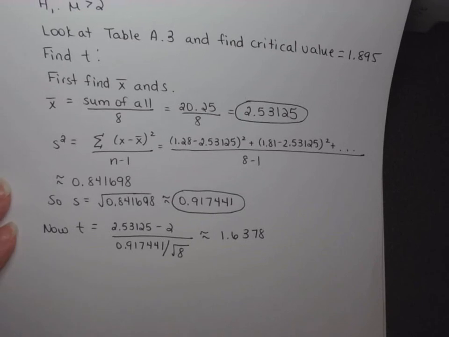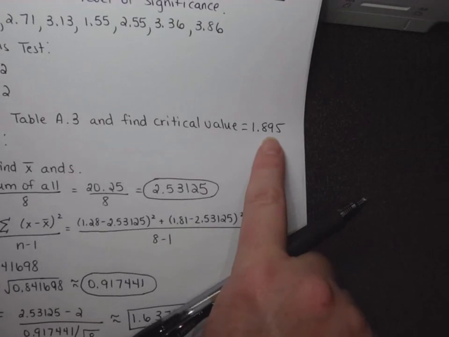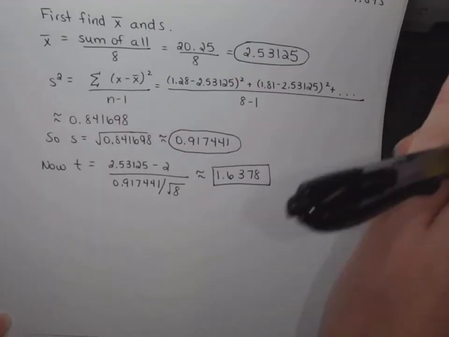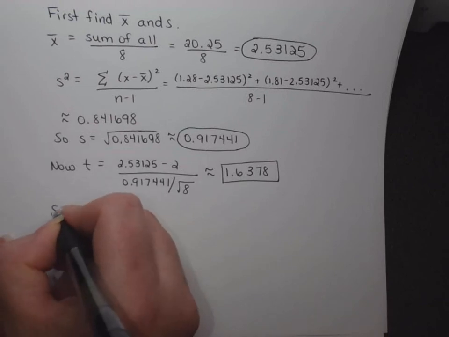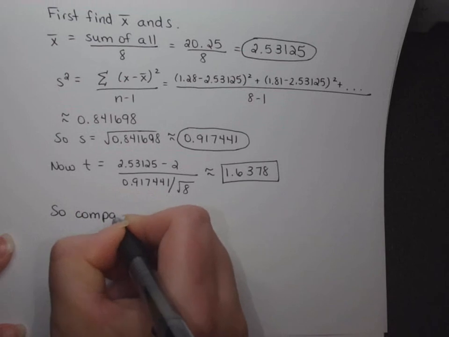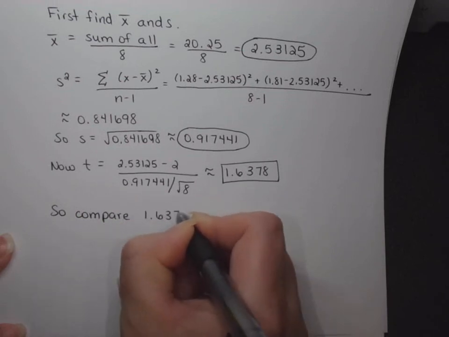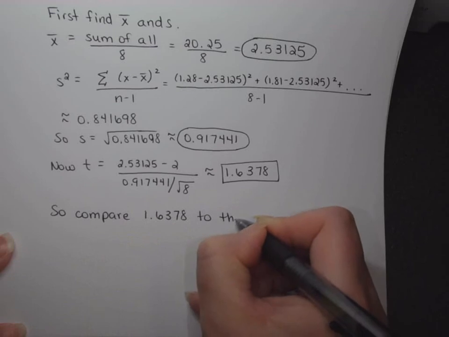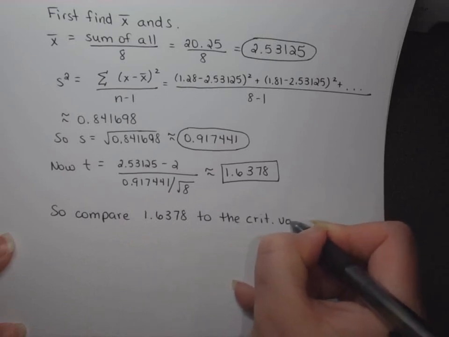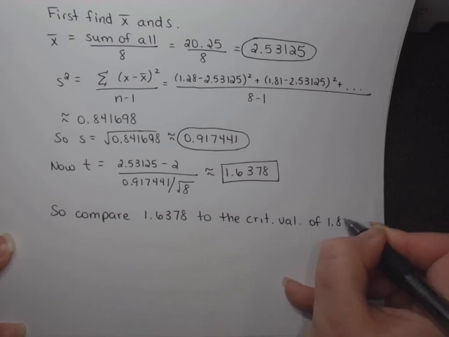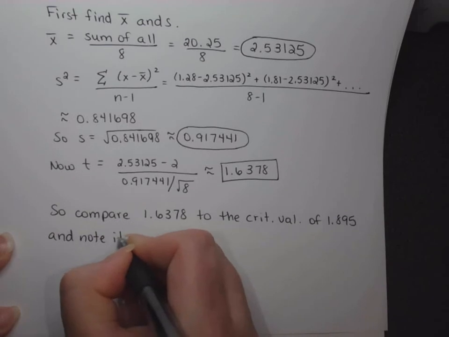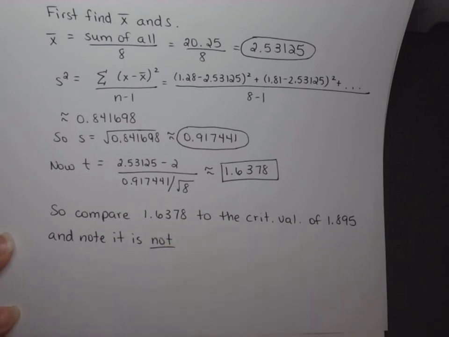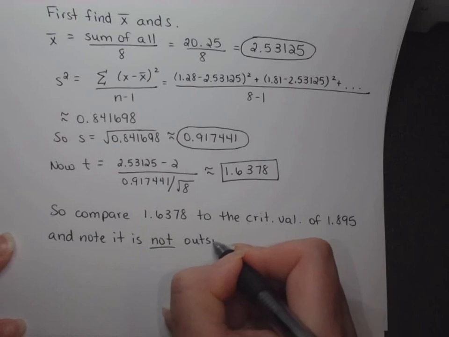Okay, so notice this is what we're going to compare to what we got above, right? Here was our critical value. Anything outside of that is unexpected. We did not get something outside of that. So again, I'm going to say compare 1.6378 to the critical value of 1.895, and note it is not outside of it.